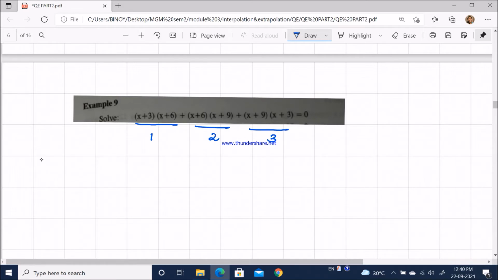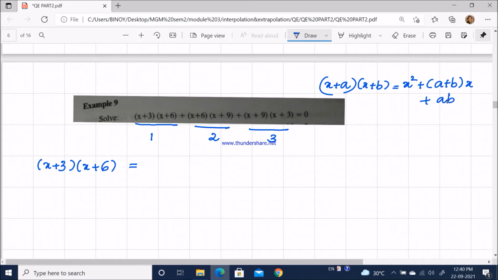The first group is x plus 3 into x plus 6, which is of the form (x plus a)(x plus b) equals x square plus (a plus b)x plus ab.